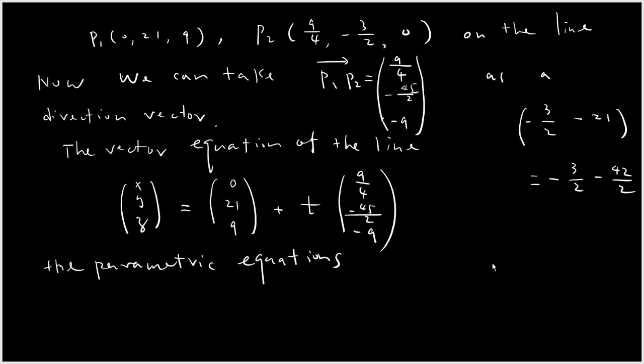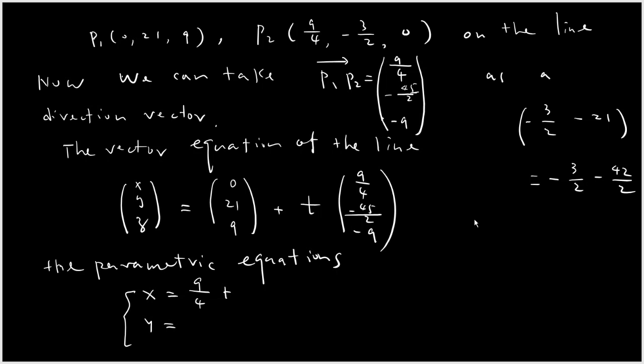Of the line. You just compare the corresponding components, perform a vector addition here, scalar multiplication here. Okay. So the parametric equations of the line are x equals 0 plus 9 over 4 t, right?